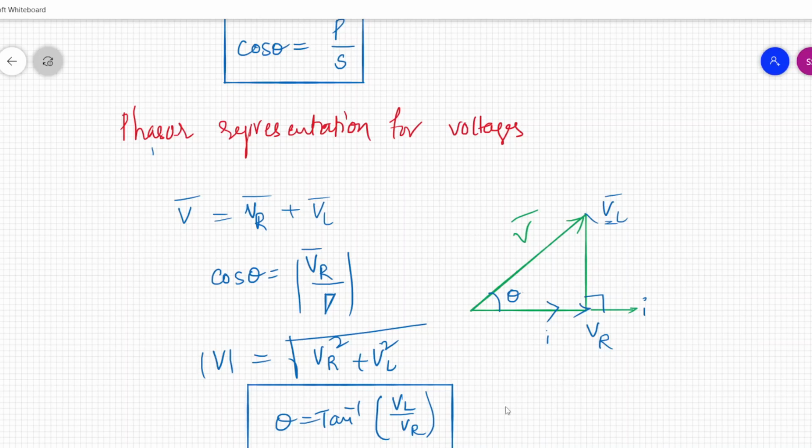If you are asked to find the impedance angle, you need to find VL and VR, then substitute in this expression. If you are asked to find the power factor, you need to find VR bar and V bar, then substitute them here. If you are asked to find impedance, you need to find R plus J omega L. So these are the references.